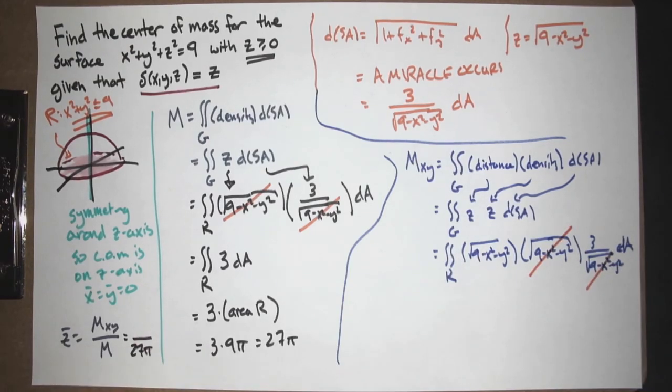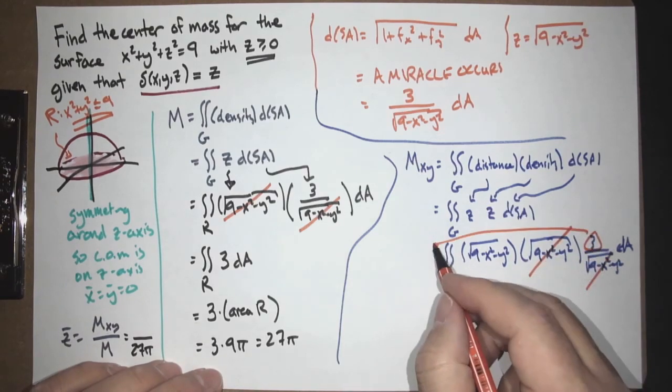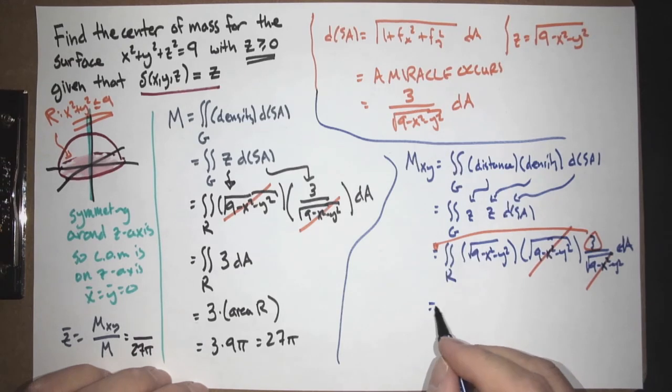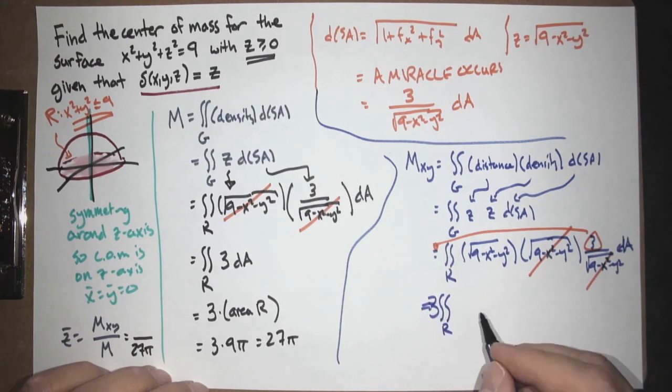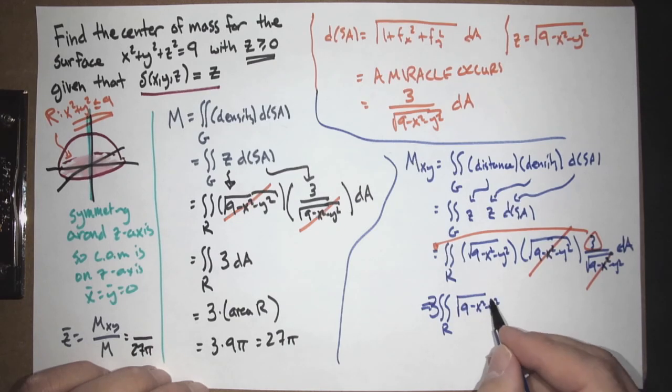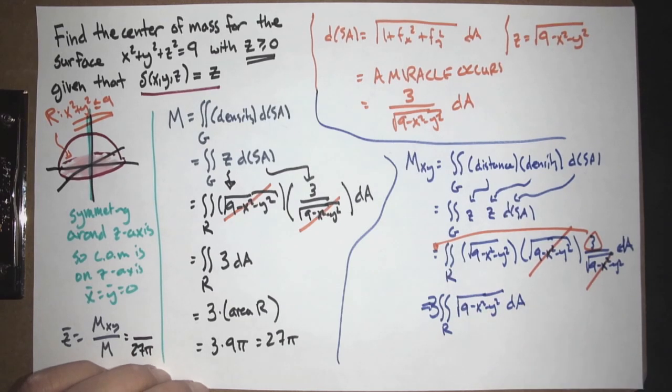Woohoo! Nice! And hey, we still have that 3 we can pull out. So what do we have? We have 3 times the integral over our region of the square root of 9 minus x squared minus y squared dA.